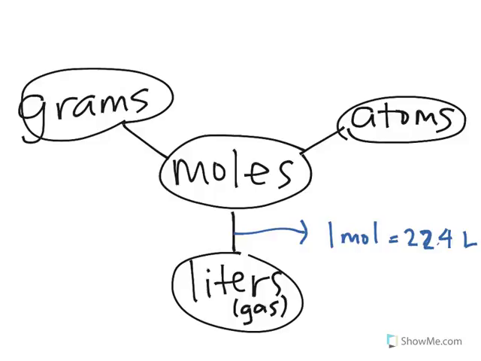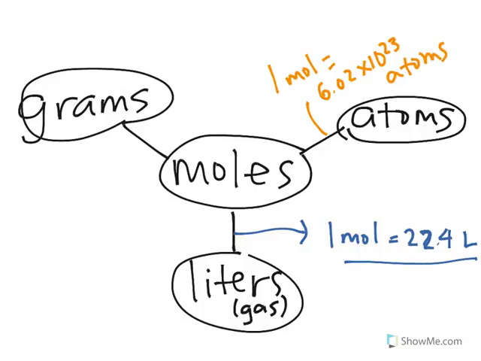So again, that number 22.4 is really important. So your conversion factor up here is 1 mole is equal to 6.02 times 10 to the 23rd atoms. And here your conversion factor is 1 mole equals the number from the periodic table in grams.